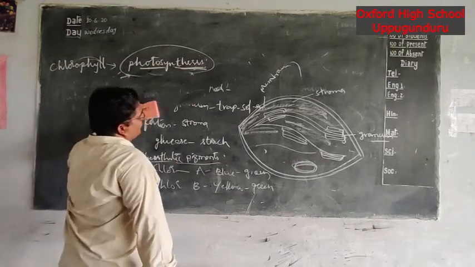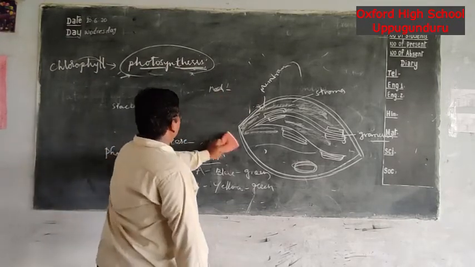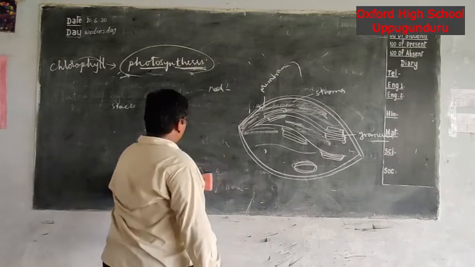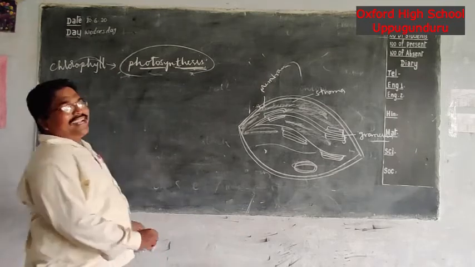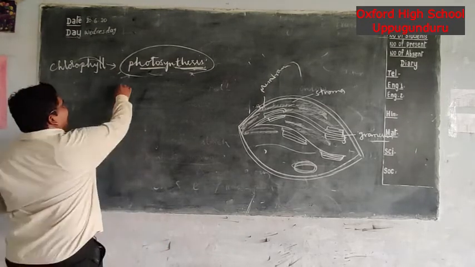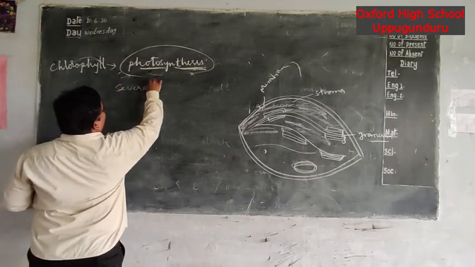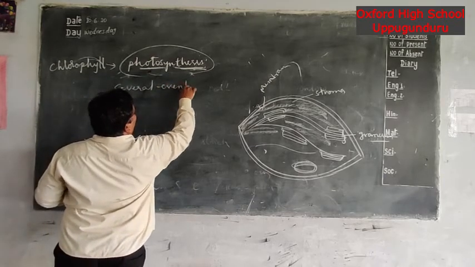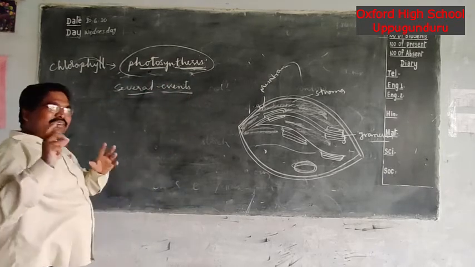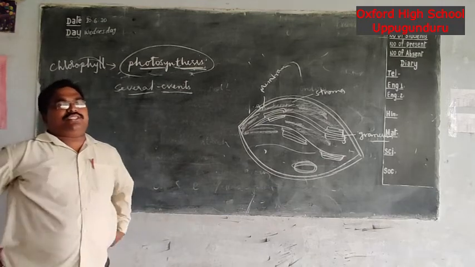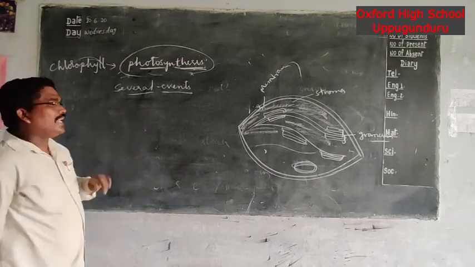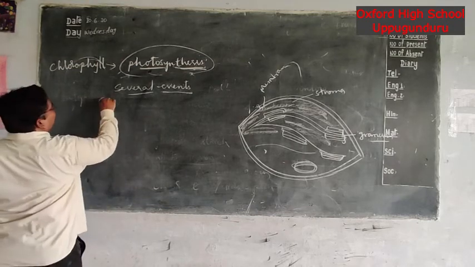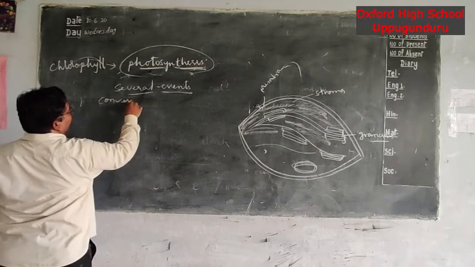What are the events that take place in photosynthesis? That means in the chloroplast. The events that take place are, one, conversion of light energy to chemical energy.